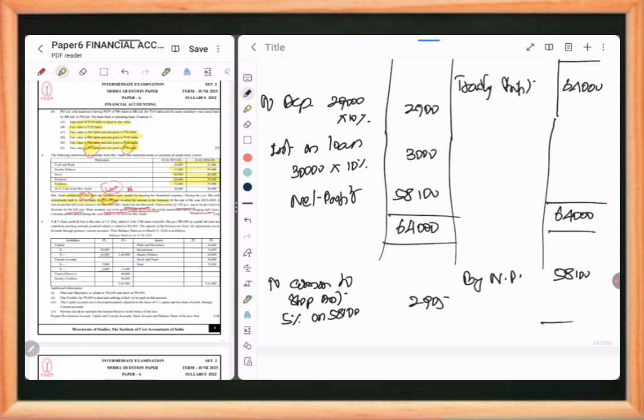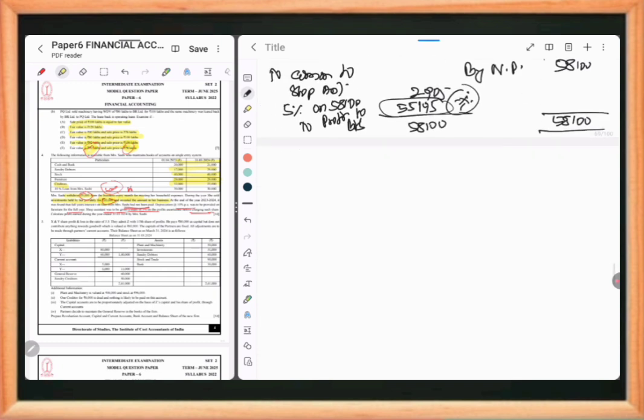So the remaining will be the net profit. 58,100 minus 2,905, that is 55,195. That is the profit transferred to the capital account. So this is profit transferred to the balance sheet. So you must make note of it, and then we have to prepare the balance sheet.